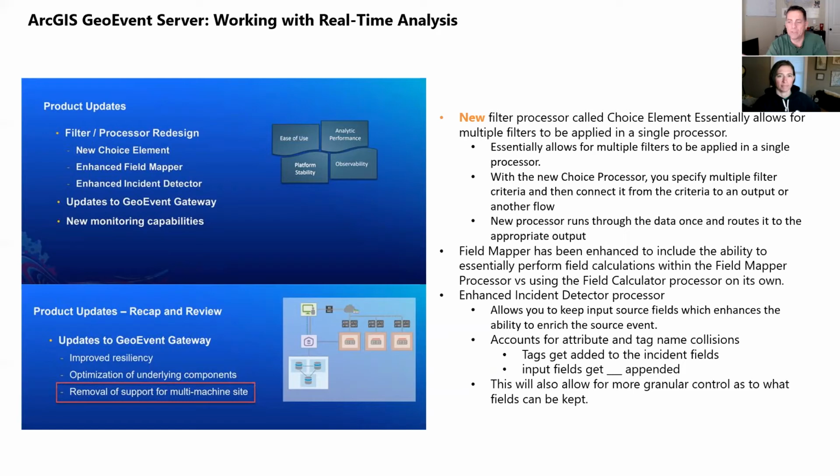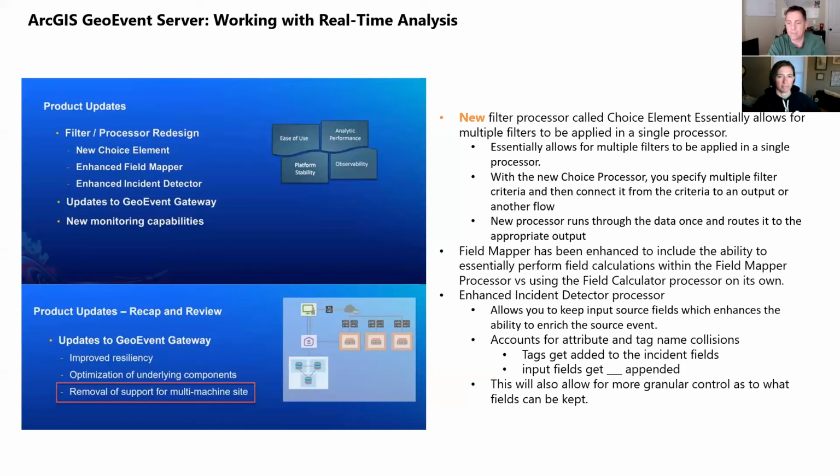I think one of the big ones that was pointed out here was the ability to have this choice element processor. So as you're going through, you create your connectors, both your input and output, but what happens in the middle, right? There's this workflow that improves that process, walking you through how to connect the dots together with the data, analyze that information, and get ready to push out to whatever system you're pushing it to.